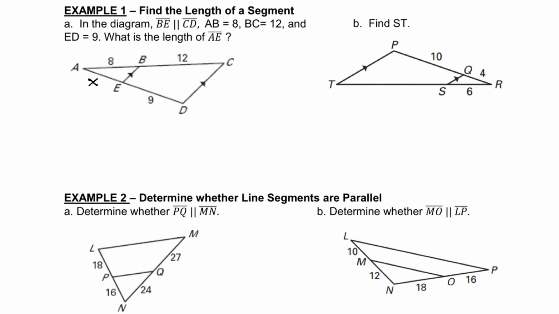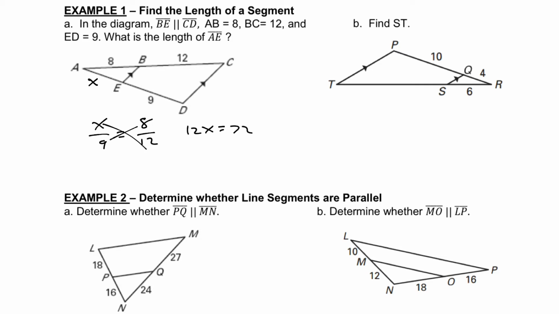Using your triangle proportionality theorem, we have X over 9 equals 8 over 12. You could reduce the 8 over 12, or you can just go ahead and solve the proportion. So I'm going to do this cross product, so that's 12 times X is 12X. On the other side, I have 9 times 8, that is 72.